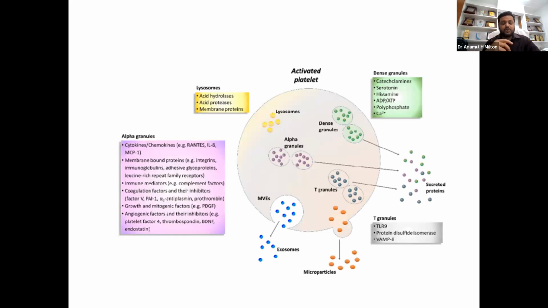When platelets are activated, either exogenously or endogenously, they secrete a lot of substances, like the alpha granules.